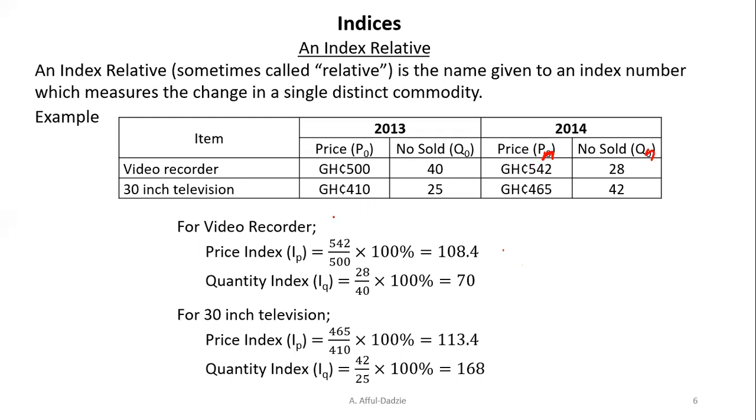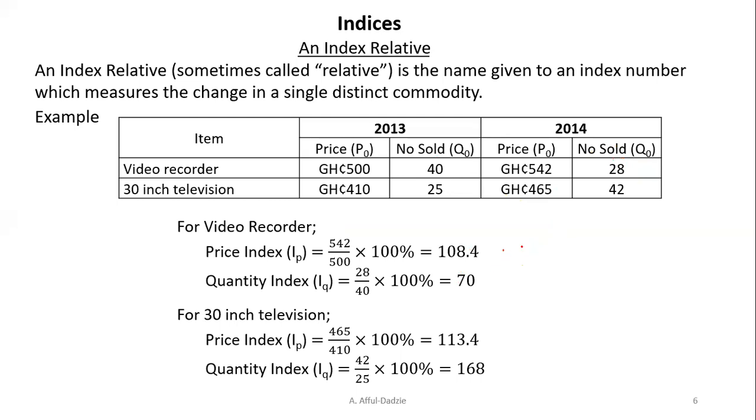So for instance, if you're interested in the video recorder, then it is the price at the current period, 542, divided by the base price, which is 500, multiplied by 100, and we have this. For quantity, it is the quantity at the current period divided by the quantity at the base period times 100.